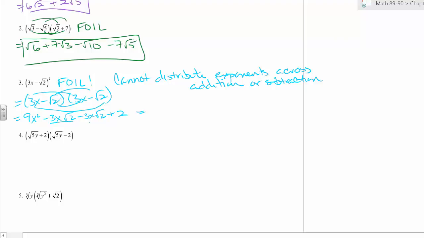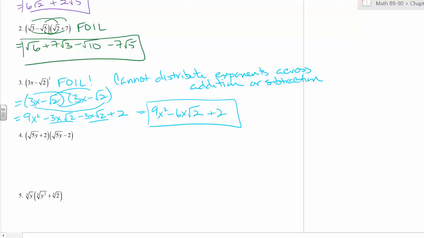In this case, you do have like terms. Those are not opposite signs, so they don't cancel each other out. First term is 9x squared, so I'll copy that. Negative 3x square roots of 2 minus another 3x square roots of 2 is minus 6x square roots of 2. And then plus 2. And that's it. You're done.